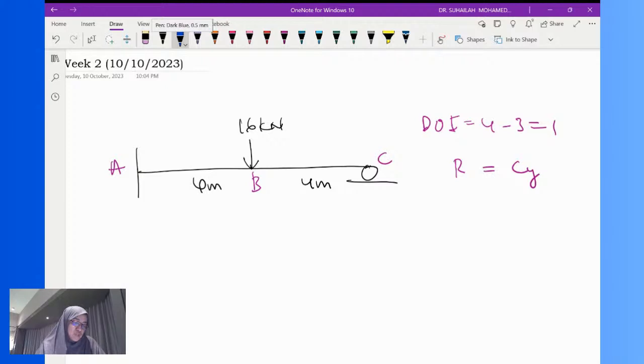The position is position C, and CY is P, so we will calculate displacement for the compatibility equation.